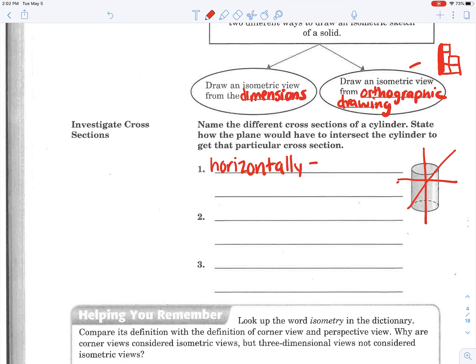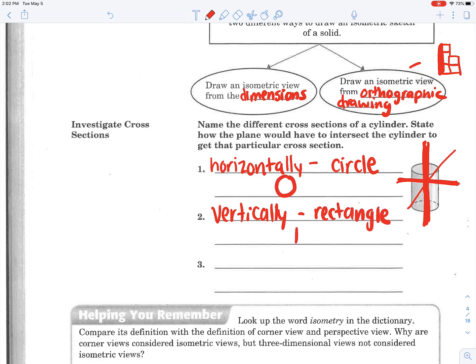and I were to open it up, cutting it this way, no matter where I cut it horizontally, I am going to see a circle. Vertically, if I cut it this way and I open that cylinder up, I'm going to see a rectangle.